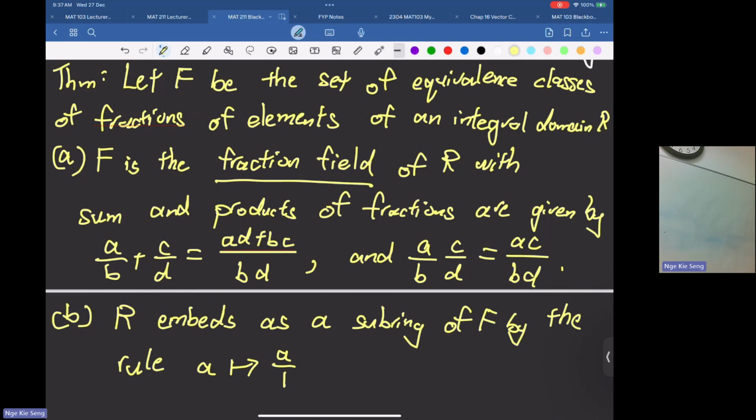Never asked what is 5 over 1 or 7 over 1.